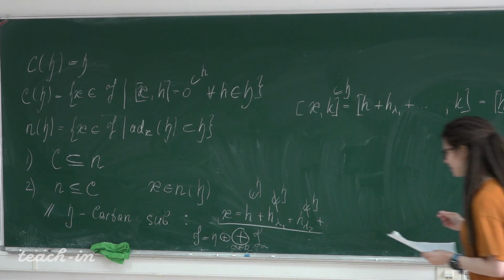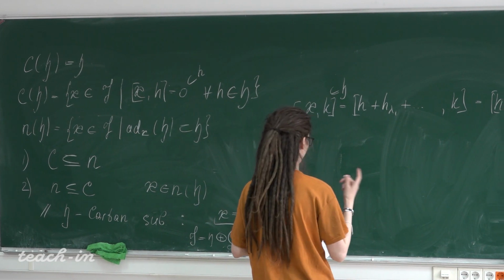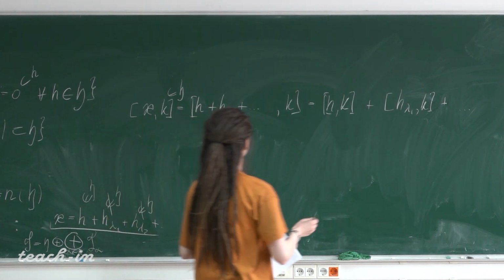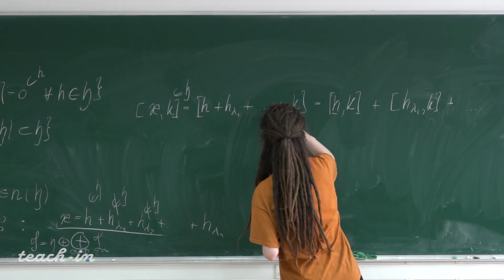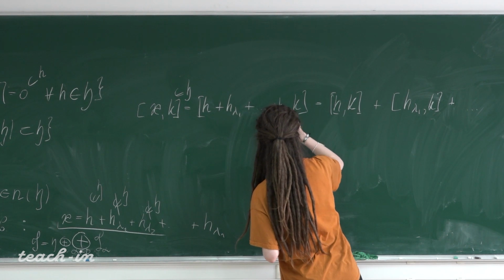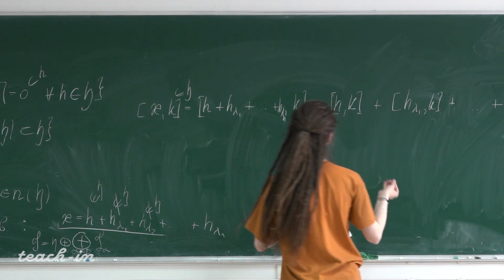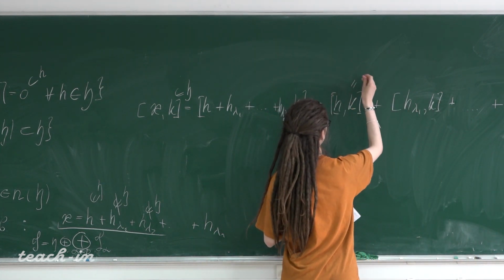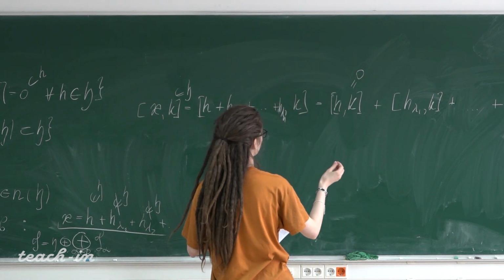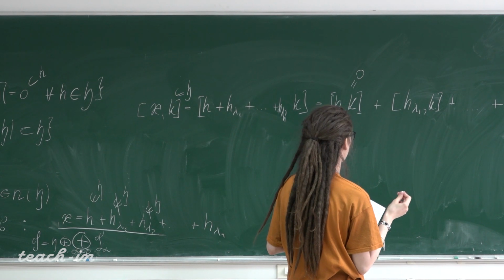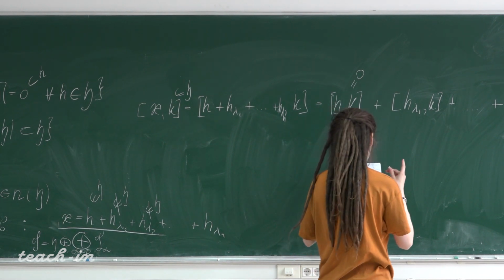Maybe it's important to say that the sum is finite. The first one will be 0, because H is commutative. This also will be 0.